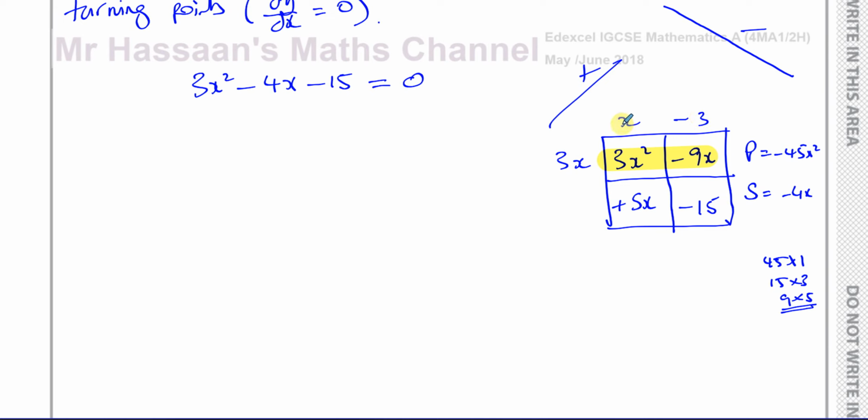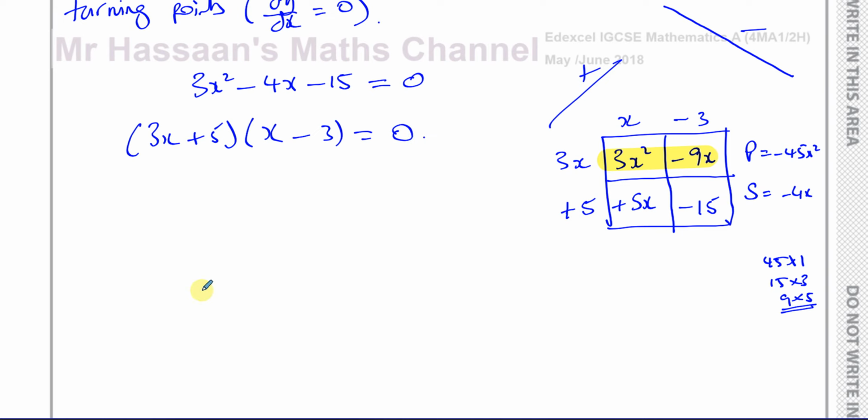And when I multiply this term by this term, I have to get plus 5x, so it has to be positive, a 5, so x times 5 is 5x, and 5 times minus 3 must give us negative 15, so we can see that we're correct here. So we have 3x plus 5 as one factor, and x minus 3 as the other factor.